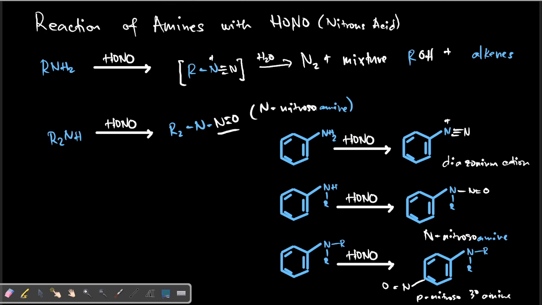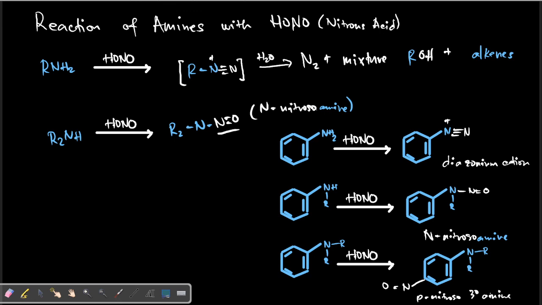So, para dun sa primary, nagkakaroon tayo ng triple bonds and we will be having a cation dun sa ating nitrogen atom ng ating amine. And for secondary, nagkakaroon tayong addition of nitroso wherein mapa dun sa aromatic or sa aliphatic amines natin, yung nitroso natin it is actually bonded to our amine nitrogen.